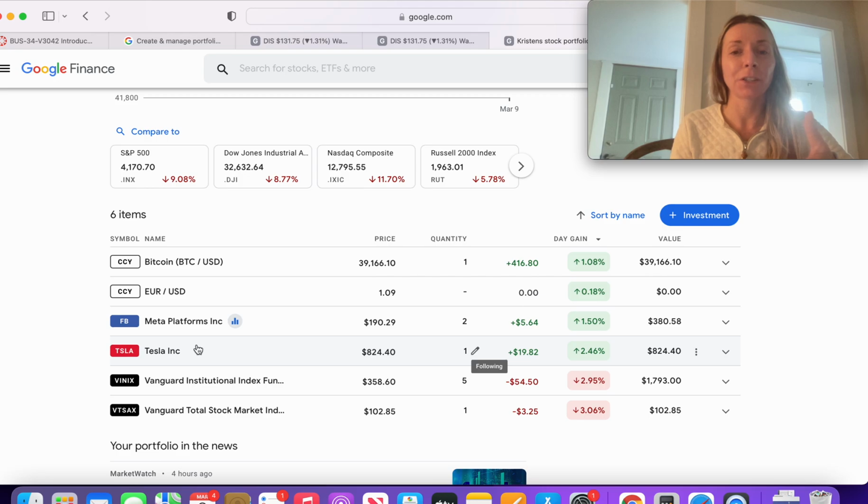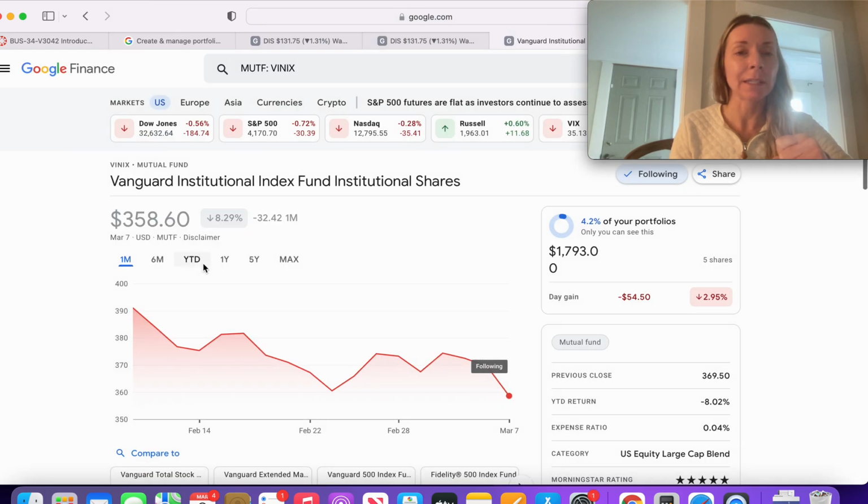Like I put a share of Tesla, I put 2 shares of Meta, Facebook, not doing so well. Not a lot of these are doing well right now. I put in a euro, I put in some Bitcoin, and then I also put in these mutual funds.